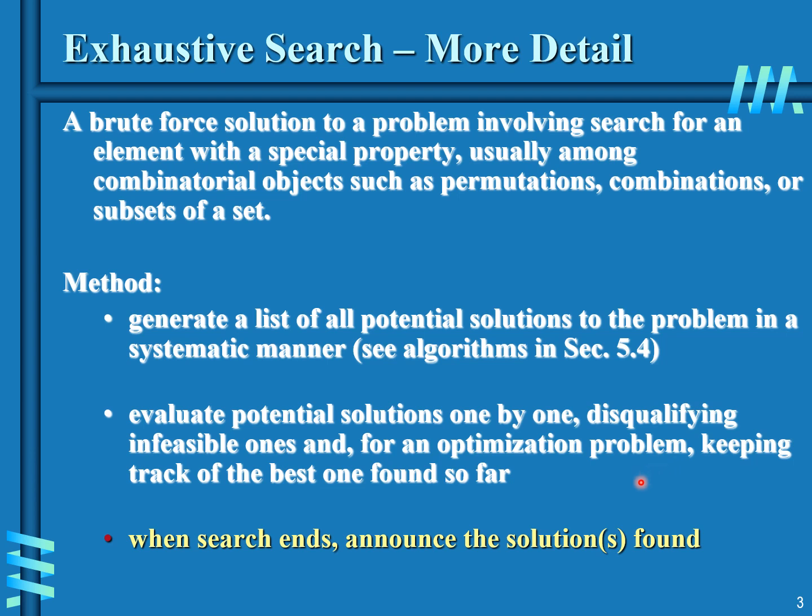It can be either minimization or maximization, and all problems have some constraints. If a solution doesn't meet the constraints, it is infeasible. A solution that meets the constraints is a feasible solution.